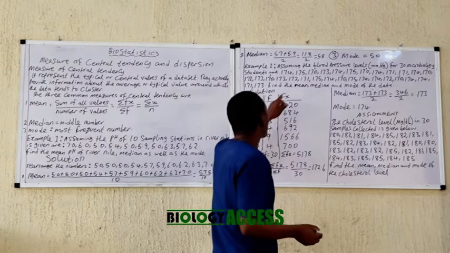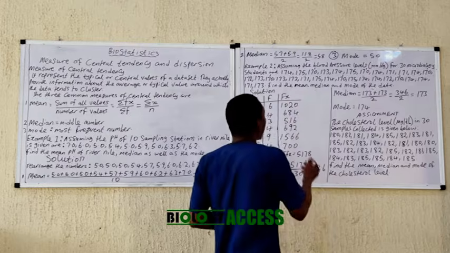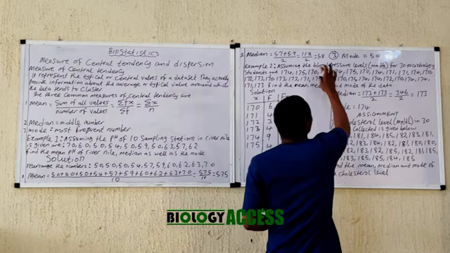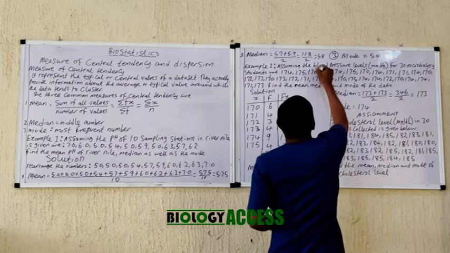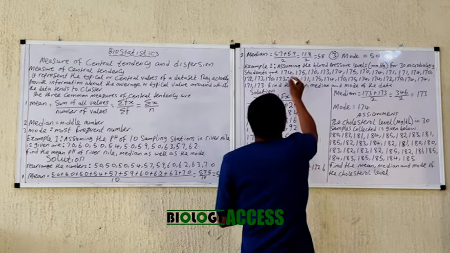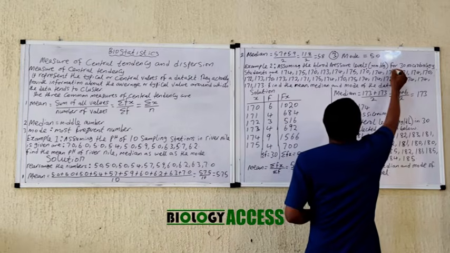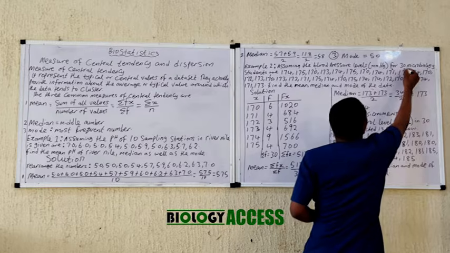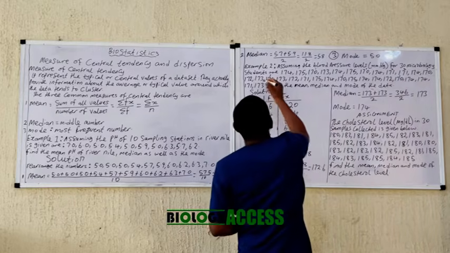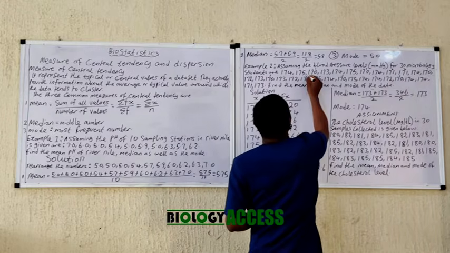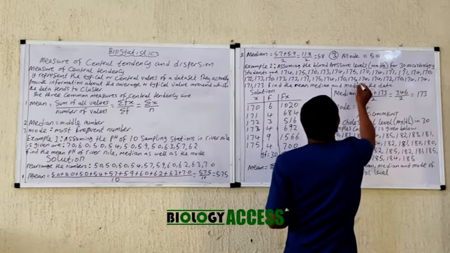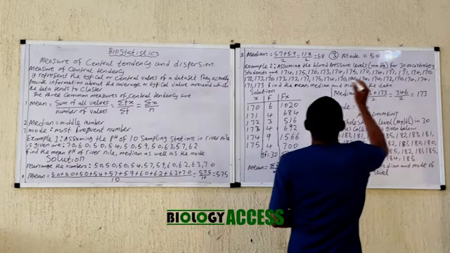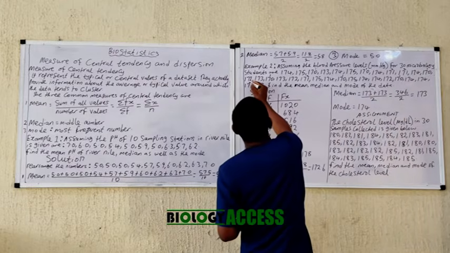Then we have 171. You repeat the same thing. Let's quickly do it for 171. Since we have done this, I can decide to leave it, but let's just go through it quickly. 171, let's connect it with 2.